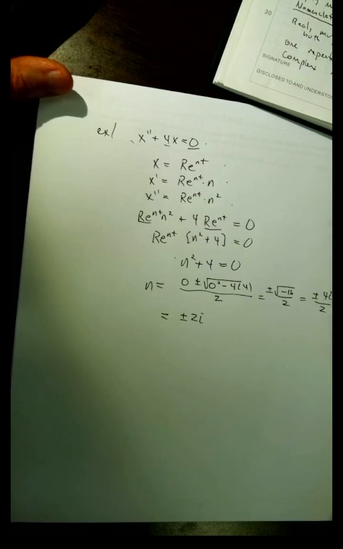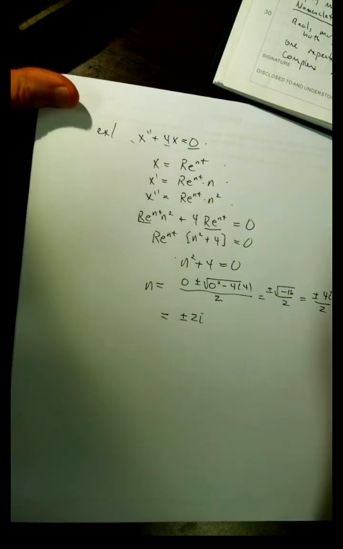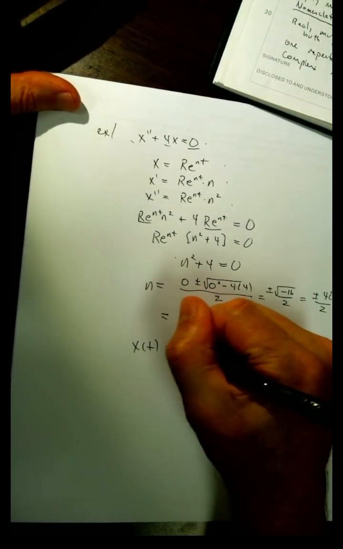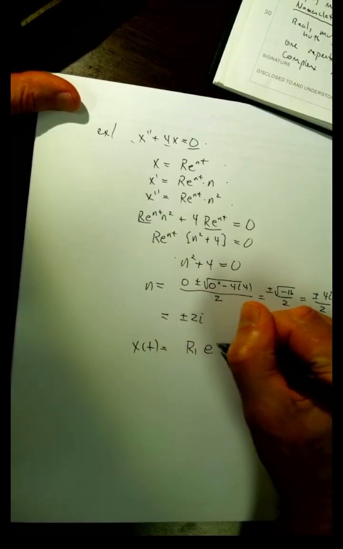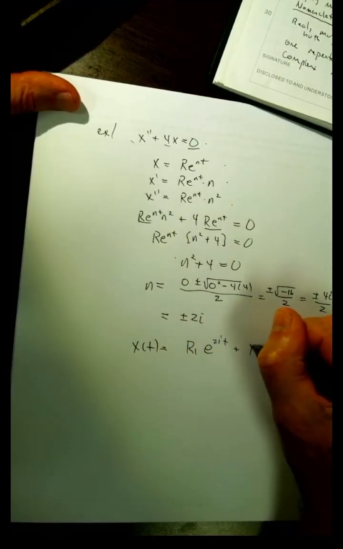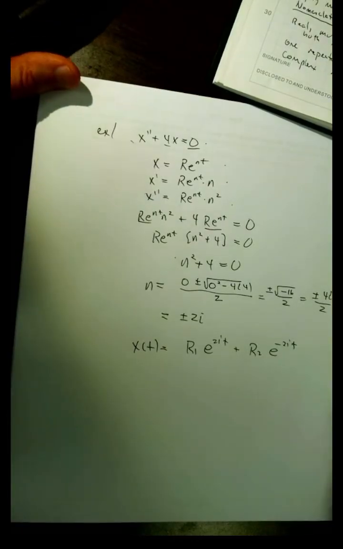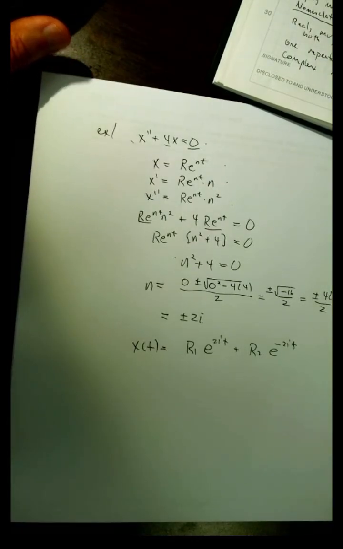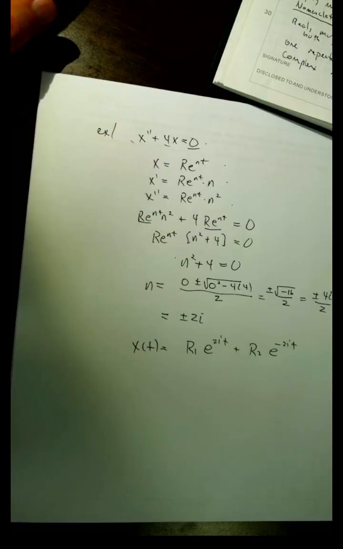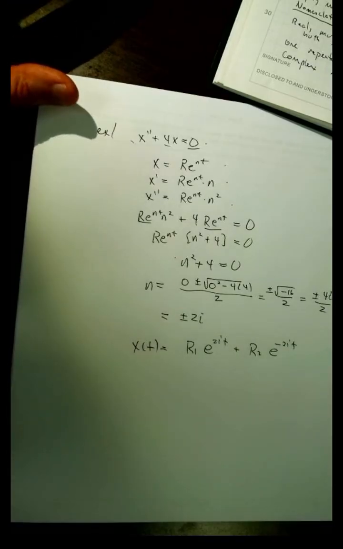So good news is I have two solutions. So you would think x of t is going to be r1 e to the 2it plus r2 e to the minus 2it. This is correct and this works, but it's very difficult to understand this and try to talk about what's the behavior.